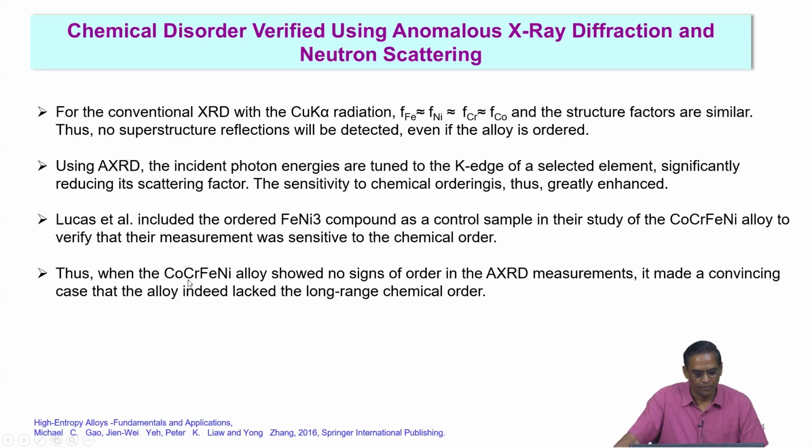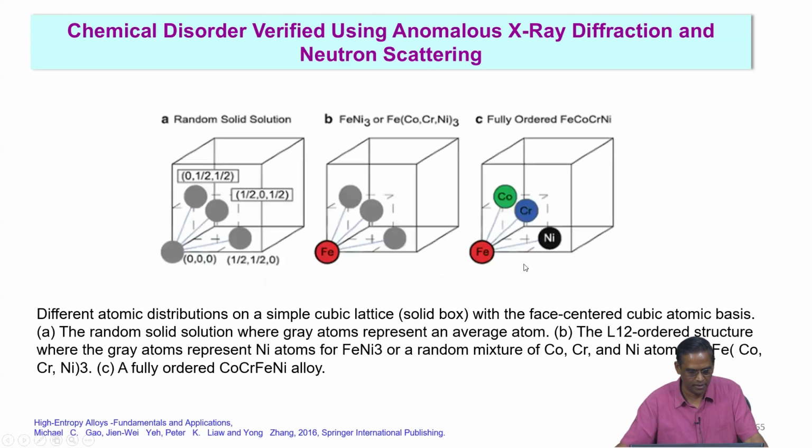When the alloy showed no signs of order in the anomalous XRD measurement, it made a convincing case that the alloy indeed lacked long range chemical order. So, that is one kind of idea.